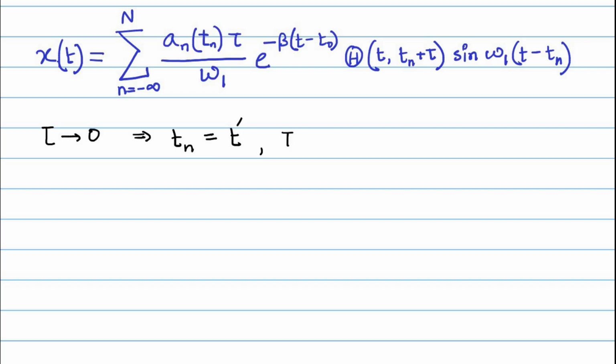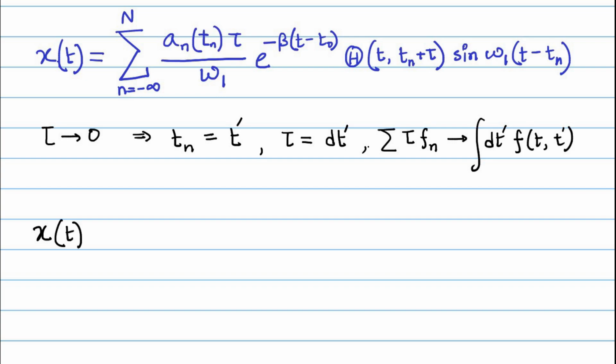The length over which each interval is defined turns to dt prime, and of course the sum of τ times f of n turns to an integral over dt prime of f of t prime.